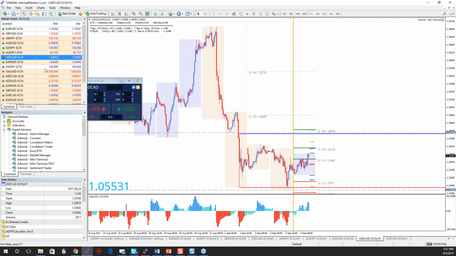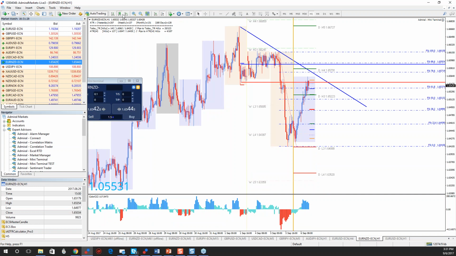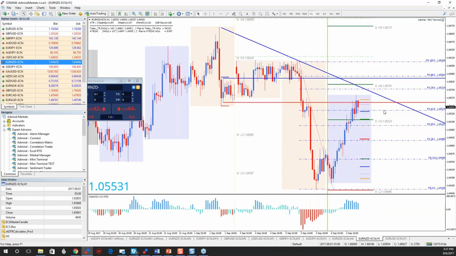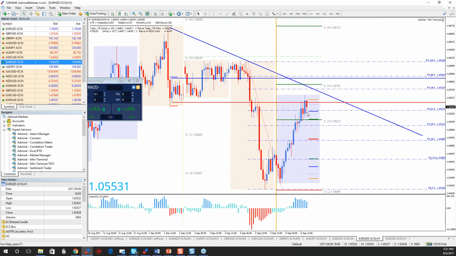Okay, guys, so this is it. If this candle closes showing a dark cloud cover here, I will sell Euro New Zealand and my stop will be above this high, 5 to 10 pips. The overall risk for a trade will be 1%.